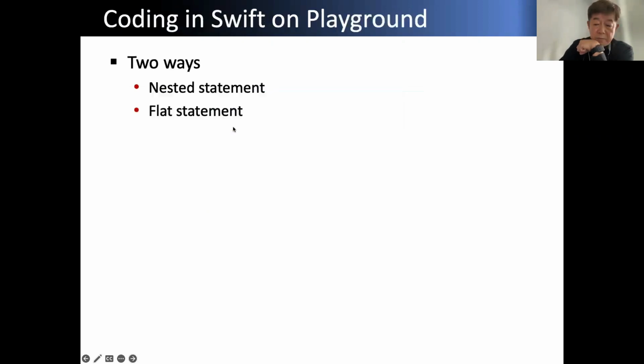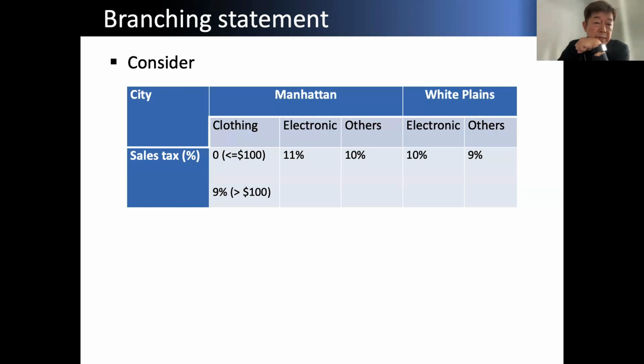For example, if you purchase clothings, the value tagged price lower than $100 at Manhattan, then sales tax 0. Electronics at Manhattan 11%, but same electronics at White Plains 10%, and something like that.